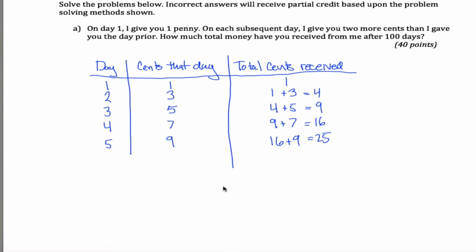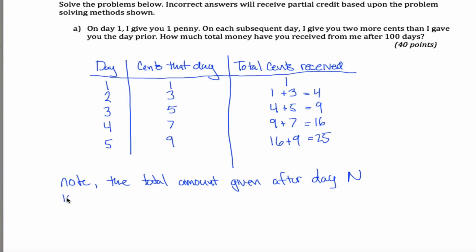Maybe start to see the pattern here. Note the total amount given after day n appears to be n squared.